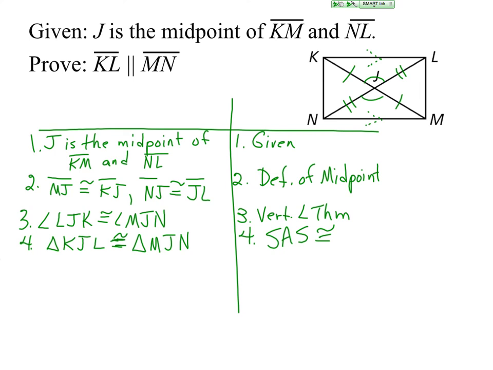So now, what out of those triangles will help us get the lines parallel? What things concluded that the lines are parallel? Those were the converses of corresponding, alternate interior, alternate exterior. What would help?